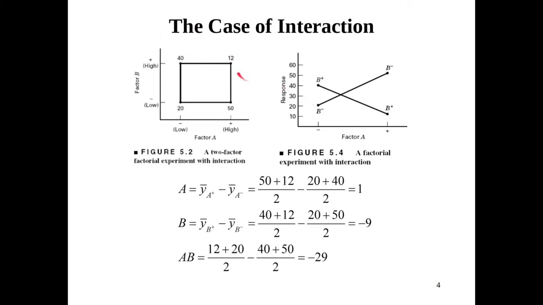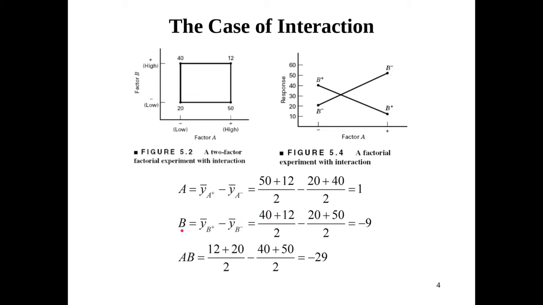So again, this is hypothetical data, factor A, factor B, just like the last example. We have some values here, right? And we look at the average effect of factor A, which is y bar A plus minus y bar A minus, right? Average of this side minus average of that side, and that's 1. So very small effect.